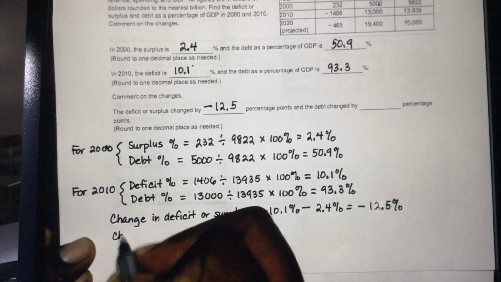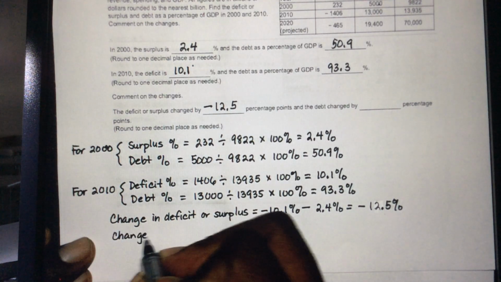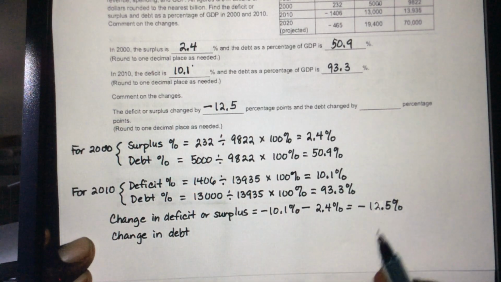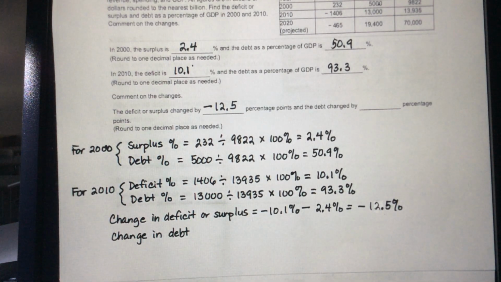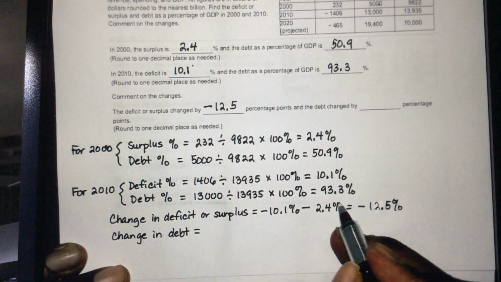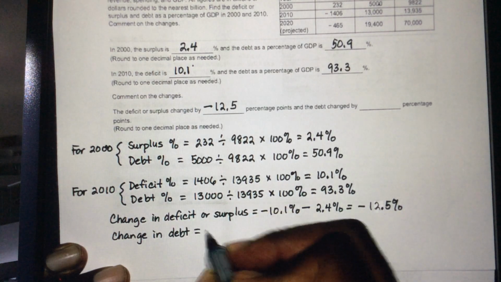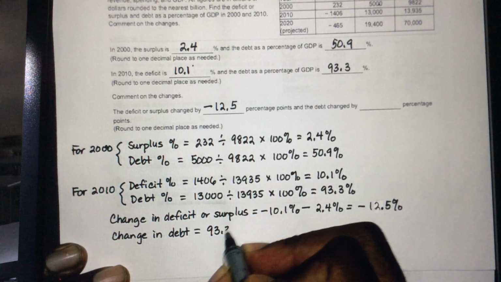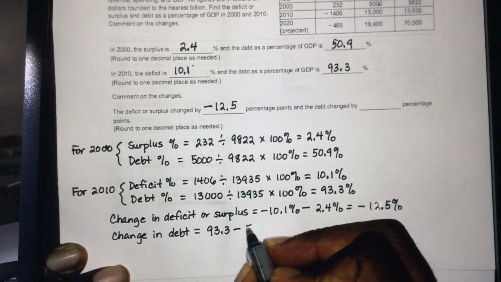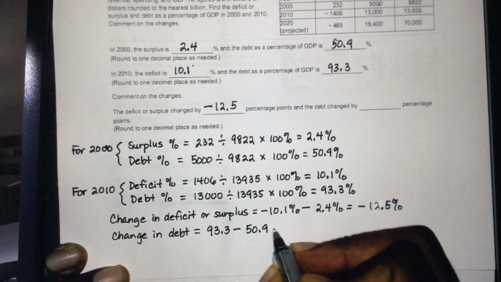And now for your change in debt. Okay, and that negative 12.5 percentage points is the change in the deficit from 2000 to 2010. Now for the change in debt from 2000 to 2010, the debt was 93.3% in 2010, minus the debt percentage in 2000, which was 50.9.